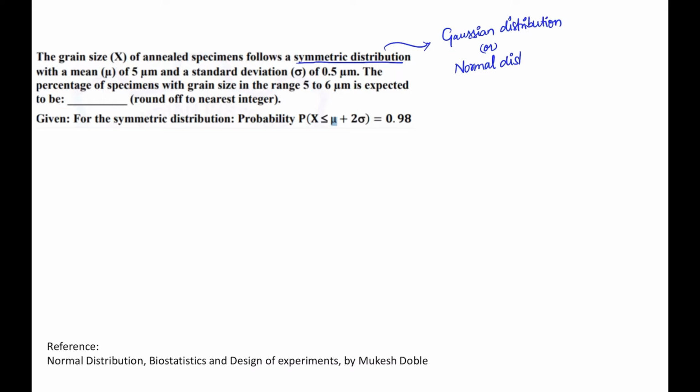So before coming to the question, let's try to understand what this Gaussian or symmetric distribution is telling us. If you take any random data set and distribute it throughout, you find a curve something like this.